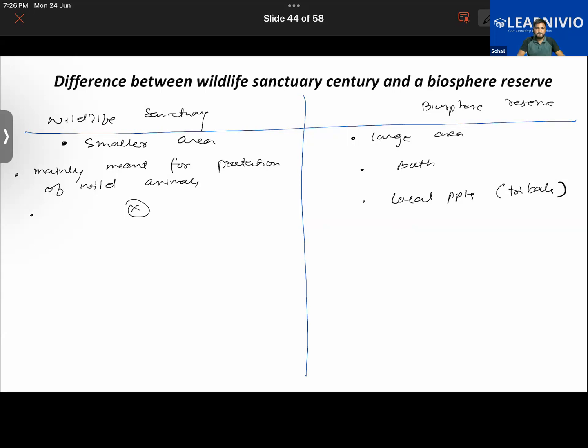In the biosphere reserve, in certain places we are not allowed to do anything, like building houses for tribals, cutting down trees, or using that area for any economic purpose. But apart from that, the other areas we can use slightly for economic purposes, or for the tribals in the biosphere reserve to live. Okay, good.